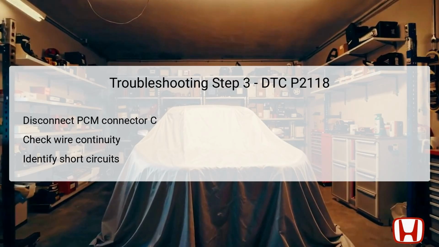During step 3, the technician disconnects PCM connector C to continue diagnosing potential wiring issues. The vehicle should remain in the off position to ensure safety during this testing process. After disconnection, continuity must be checked between terminals of the Throttle Body 6P connector number 1 and number 2.